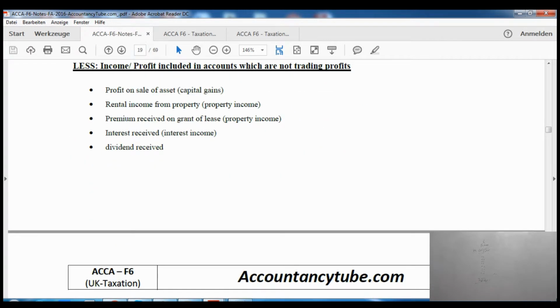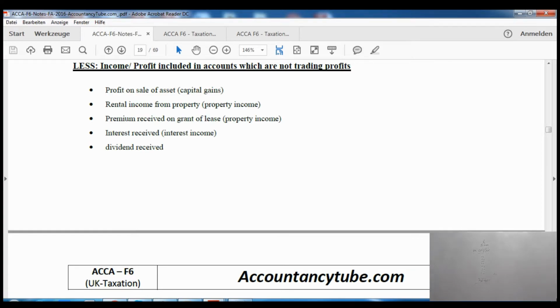So what are these things? Income on the sale of assets, rental income from property, premium received on the grant of a lease, interest, and dividends received. These are the list of items you may find in the accounting profit. You will have to delete these if you find any.